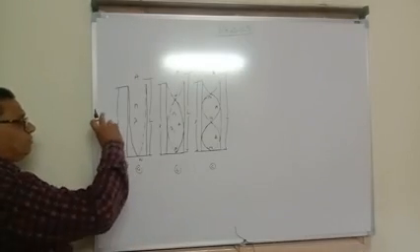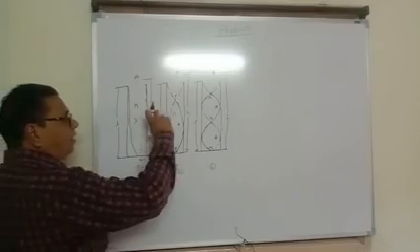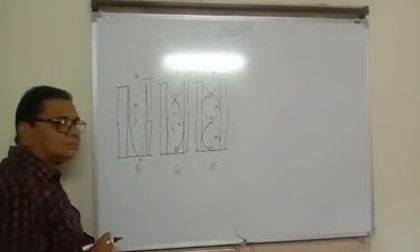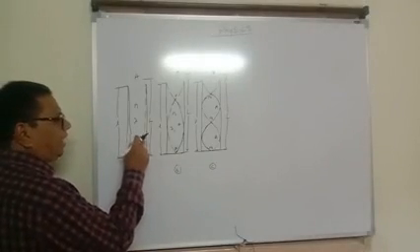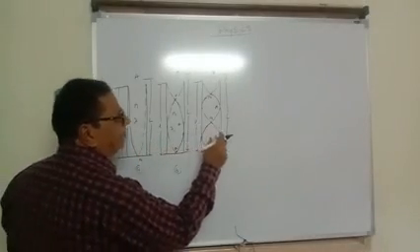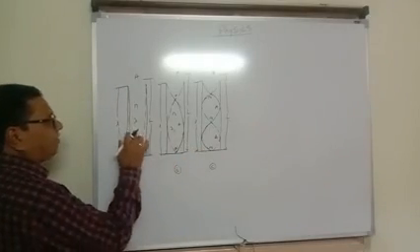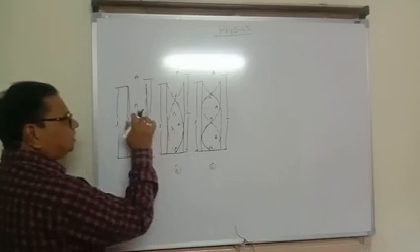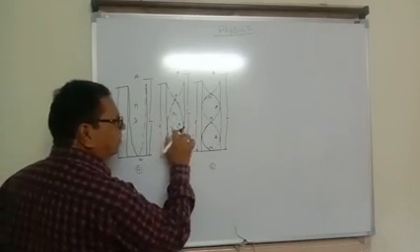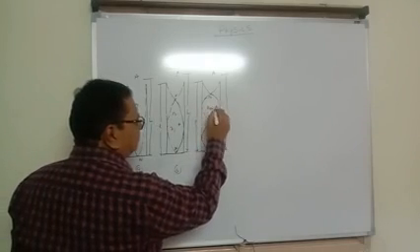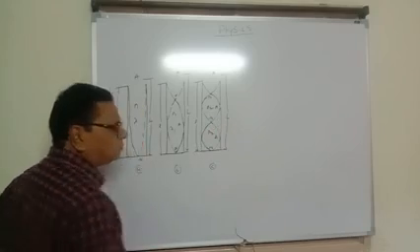So from this, for the same length of air column, we can observe that the air column can vibrate in different ways with different frequency and wavelength. In this the frequency is n, wavelength is lambda. In this case frequency n1, wavelength lambda 1, and in this case frequency n2, wavelength lambda 2.